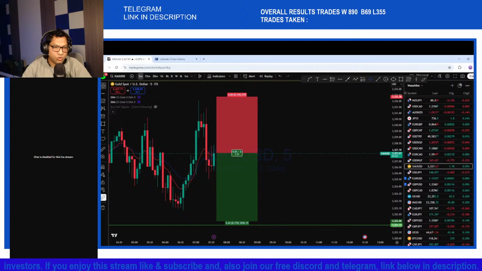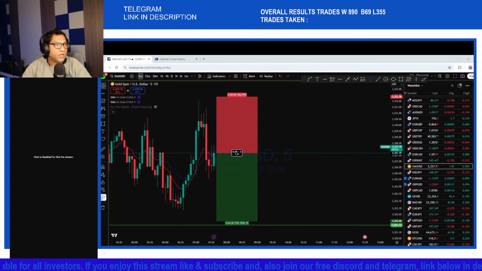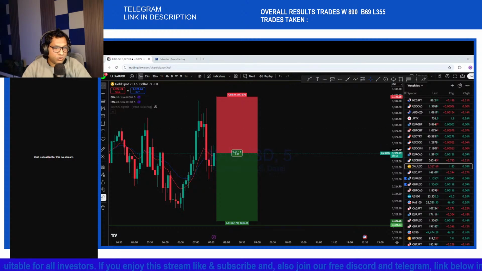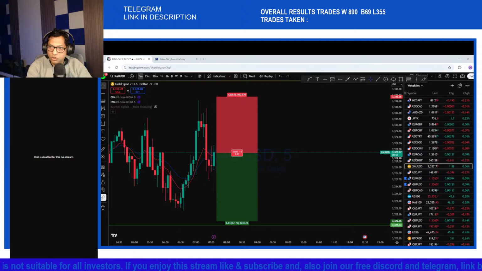So make sure, guys, you do proper risk management, which is very important to look at. And that being said, here I'm looking to sell on Xauusd from the 5 minute chart to give us that potential trade setup.